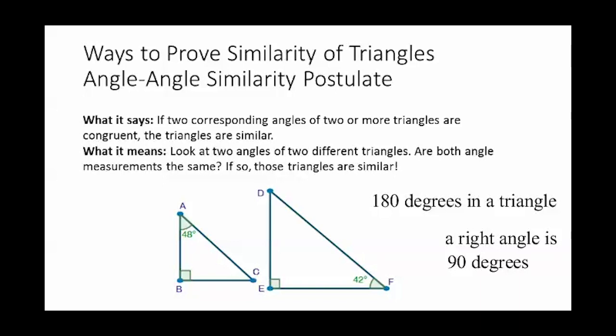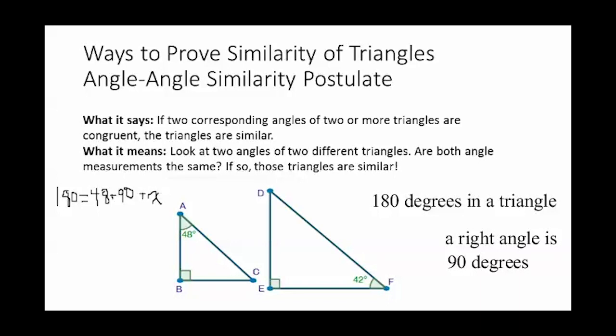So for this little triangle, I don't know what C is, but I know that 180 must equal 48 plus 90 for my right angle, plus whatever C is. I don't know, so I'm going to go ahead and use a variable.